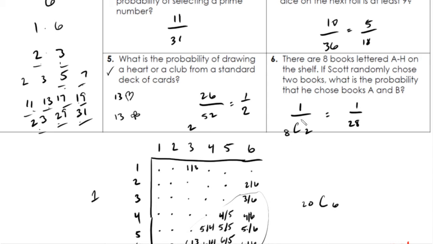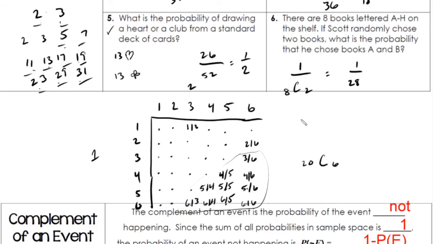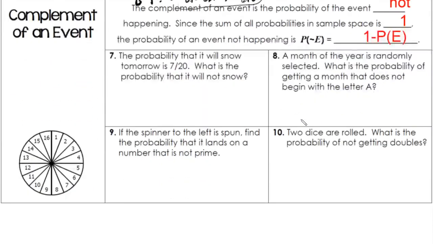All right, moving on. The complement of an event. This is actually far easier than it might seem. The idea is that the complement of an event is the probability of it not happening. Right? So let me just tell you something. Just think about this. If I said the odds of it raining tomorrow is 20%, then you should be able to immediately tell me what the odds of it not raining tomorrow are, right?